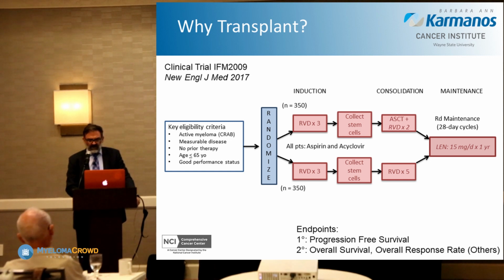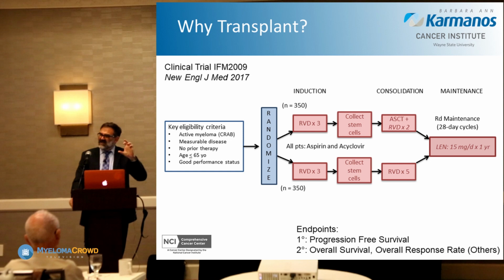The study also looked at something called minimal residual disease negativity. And what that means is using extremely sensitive techniques for finding amounts of myeloma cells well below what we can see with a microscope in a bone marrow biopsy.